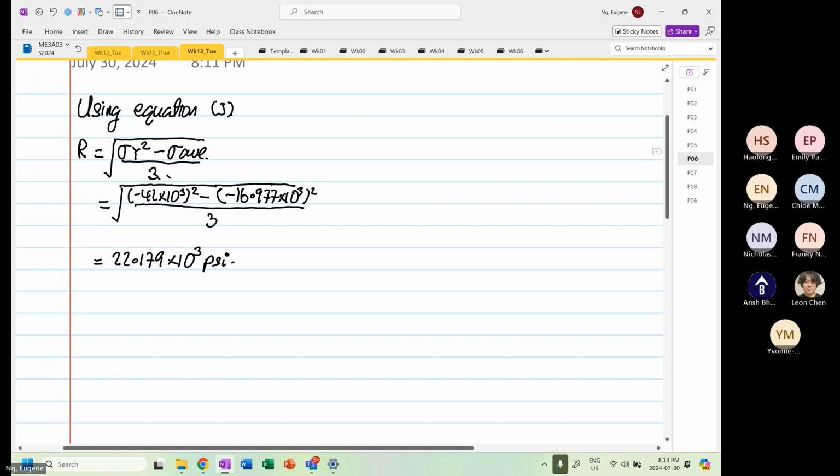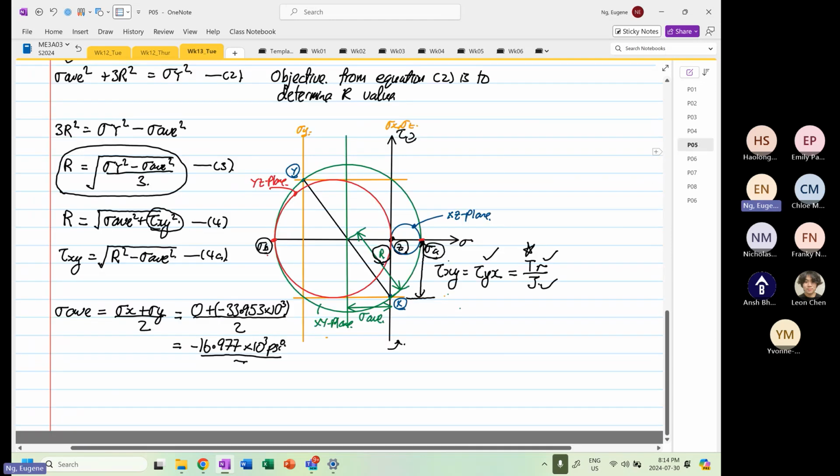Now we know the radius, and this is also equal to our tau max. Next we are going to use equation 4a.